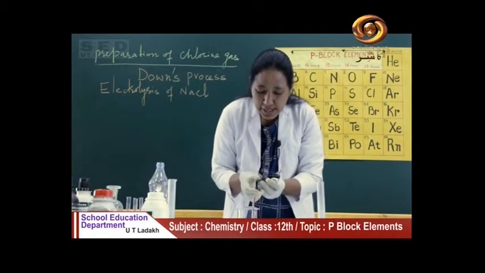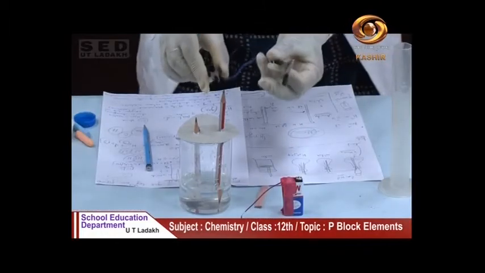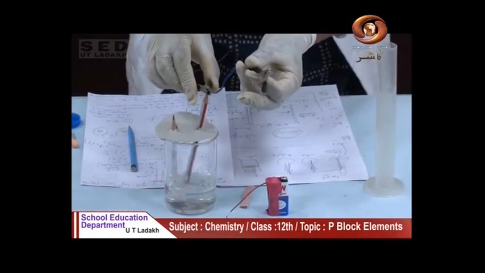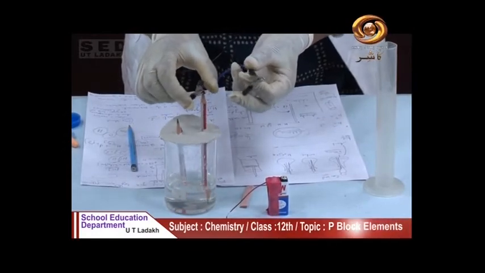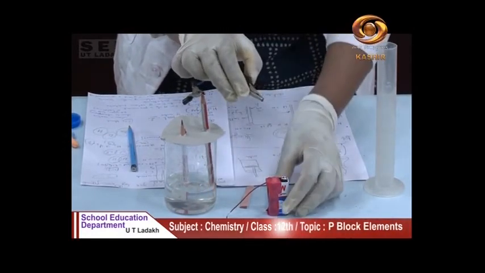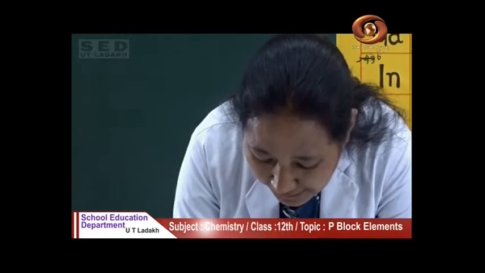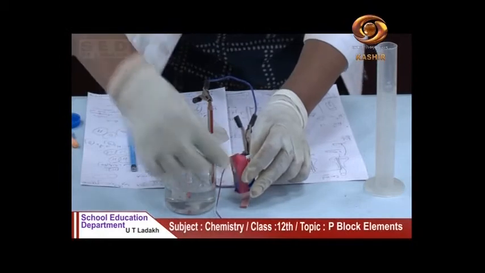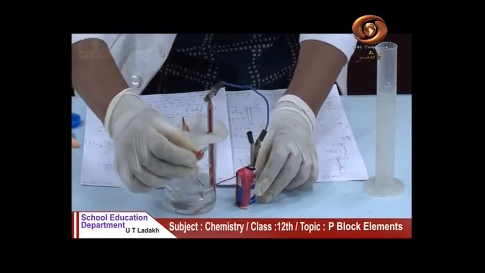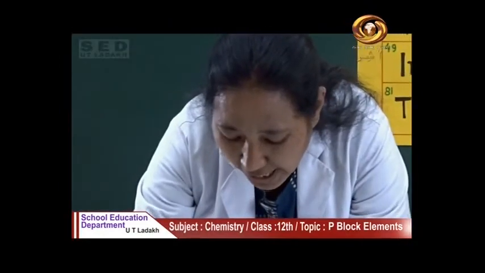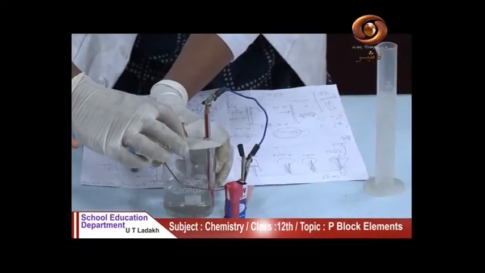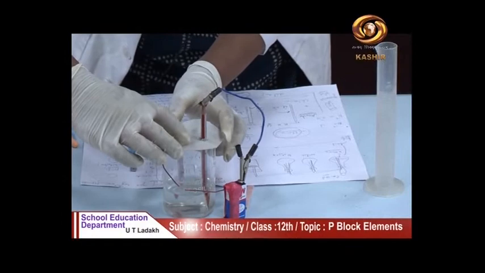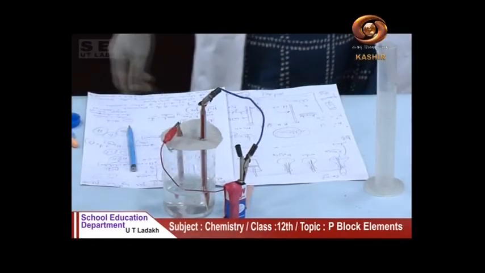The negative terminal of the battery should be connected with one pencil electrode, and the red wire, which we universally know is the positive terminal of the battery, is connected with the other graphite electrode.